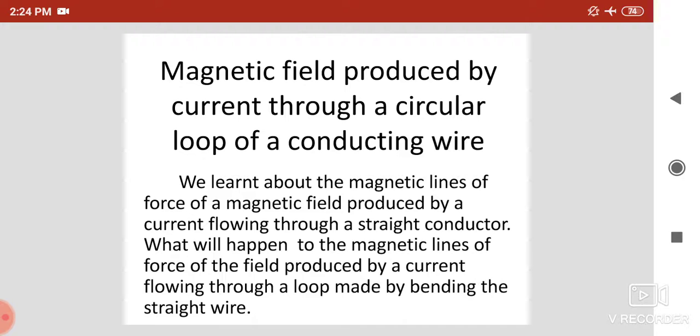Now here we have to take a loop of wire. A loop means a wire is turned to make a number of turns. After passing the current, what happens, we will discuss by observing the figure.